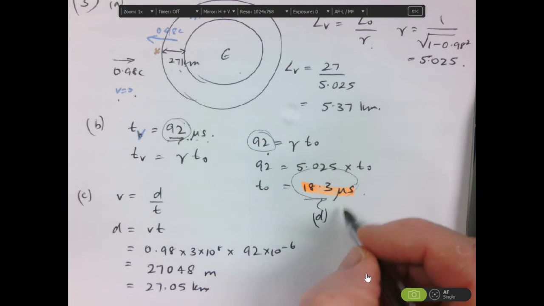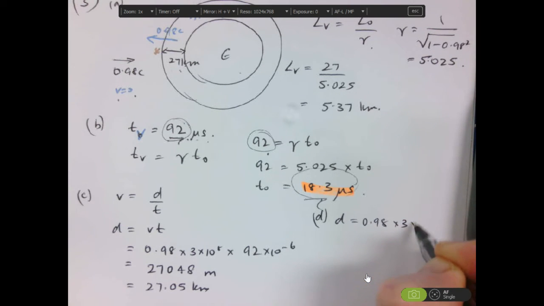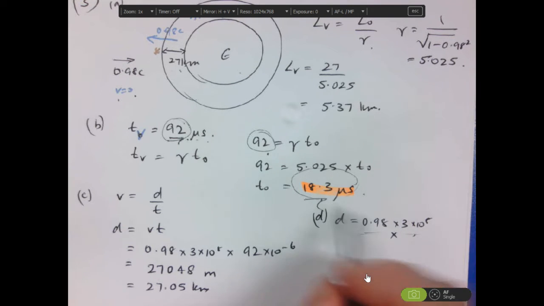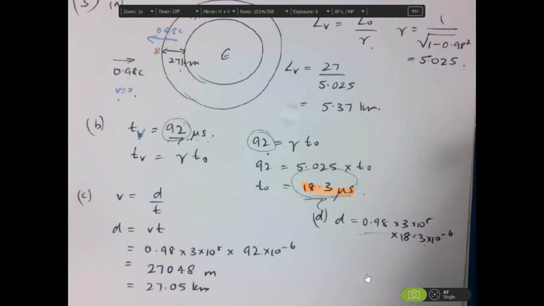So the distance that it will travel would be the velocity, which is 0.98 times the speed of light, so that's how fast the Earth is moving towards the muon, multiplied by 18.3 microseconds. Remember, it will decay after 18.3 microseconds.